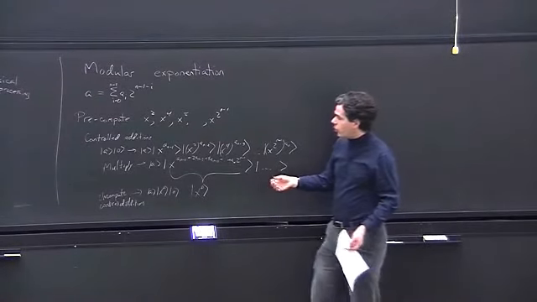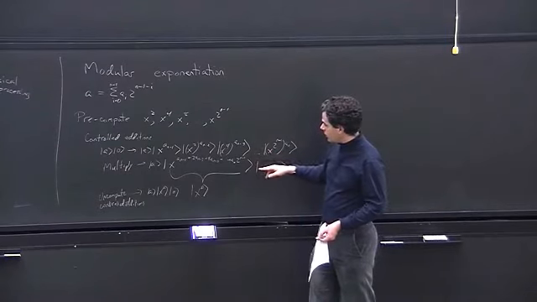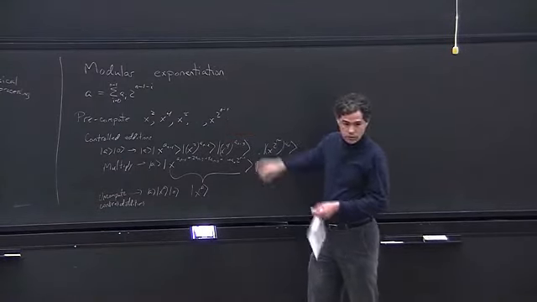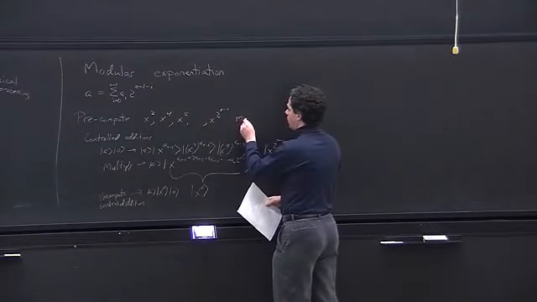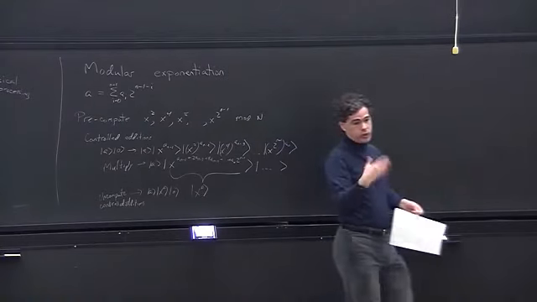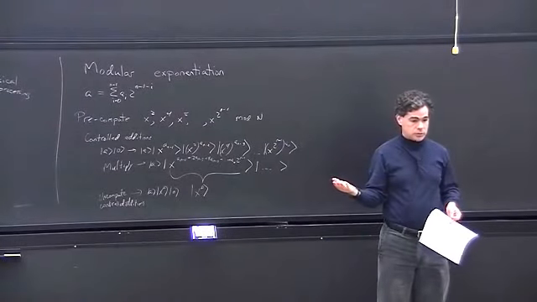Well, okay, so actually it's already happening up here. I'm going to square x. So if x squared is greater than n, I'll just take it mod n, right?